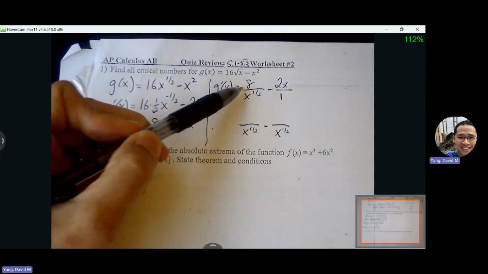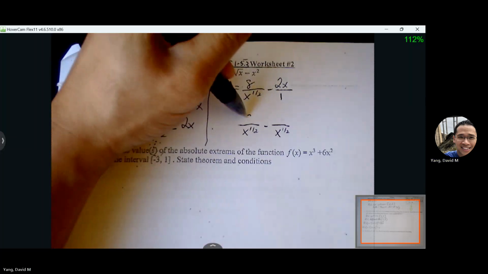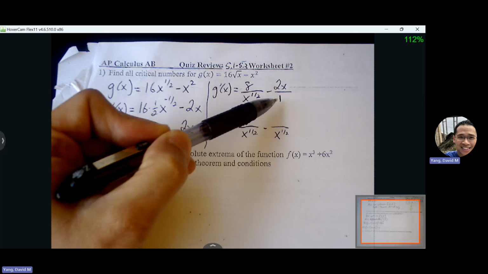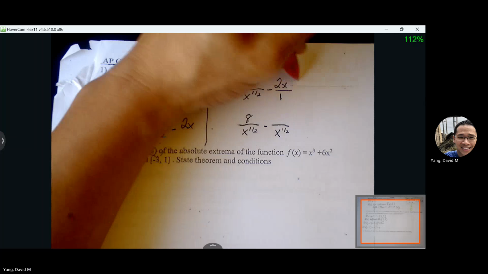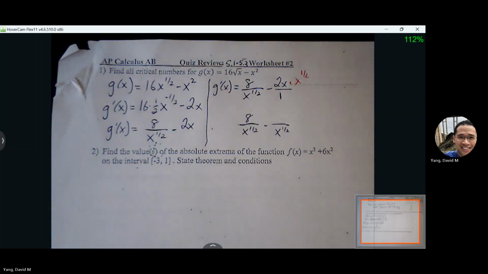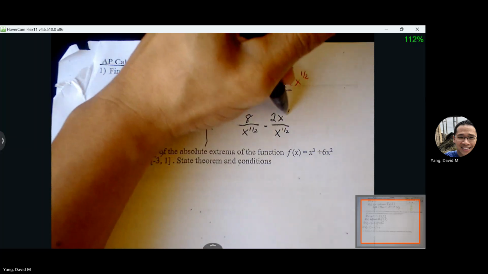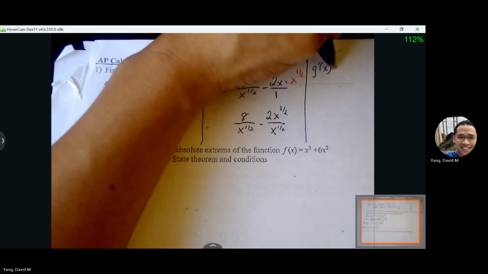Okay. Any adjustment with the first fraction? No, bring down the 8. The second fraction, though, we need to multiply by what? X. Yep. Wouldn't that just be X? 3/2. Mm-hmm. So here's my updated G prime.